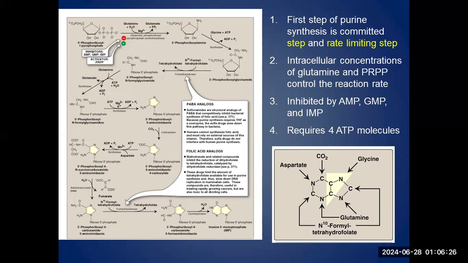Second, intracellular concentrations of glutamine and PRPP also control the reaction rate. Recall that PRPP is the first sugar pyrophosphate on which the purine ring is developed. Purine synthesis is inhibited by AMP, GMP and IMP. These are the end products of purine synthesis. And during the whole purine synthesis, 4 ATP molecules are required.